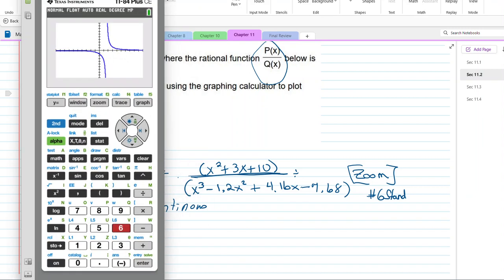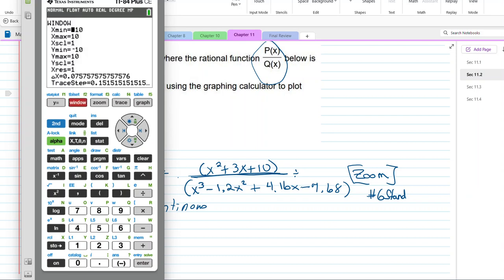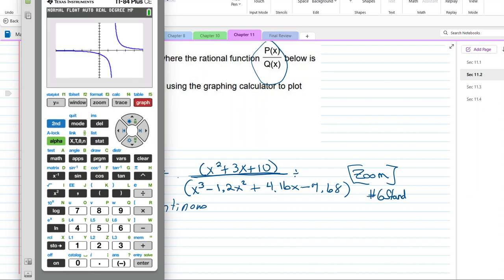So we want to change our window, and I'm going to do -5 and 5, because I'm guessing it's at 2 or something. Okay, here is 2.